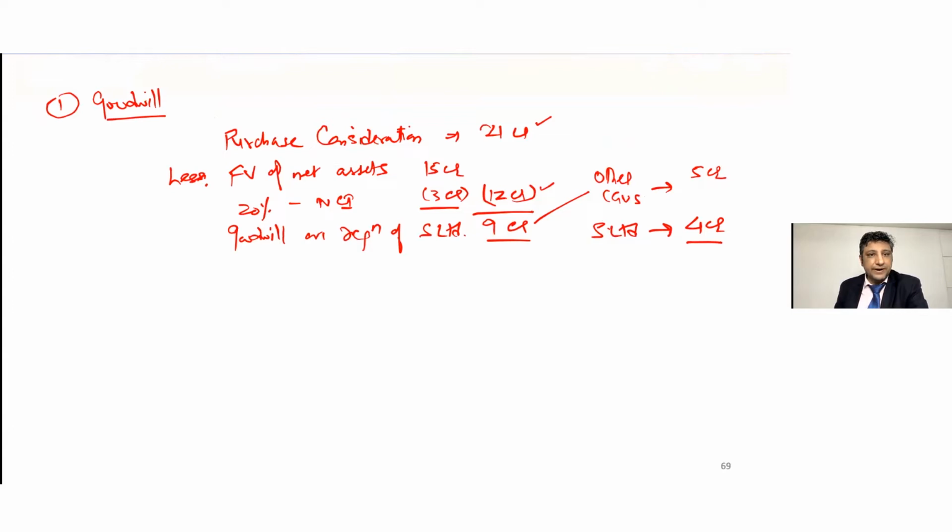All right, so that's where the first step is coming in. We have calculated the value of goodwill, and out of that goodwill, we have also measured the goodwill which is allocable to S Limited, that subsidiary in which we have got 80% stake.